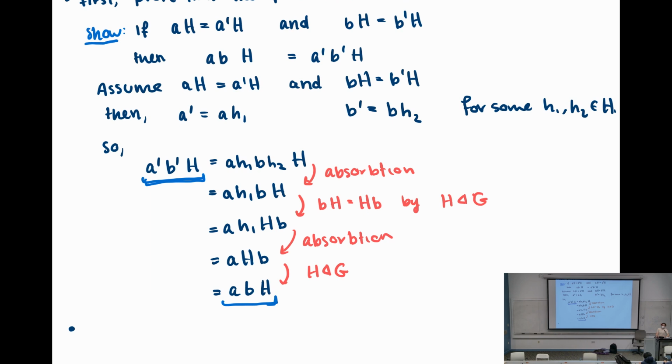So now it remains to prove the theorem. Of course, we need to show that the left cosets, G mod H, form a group with the operation that we gave. So AH, BH is equal to ABH.